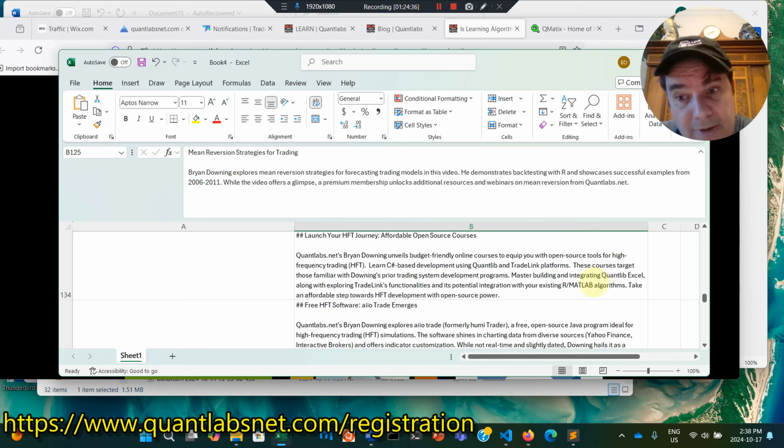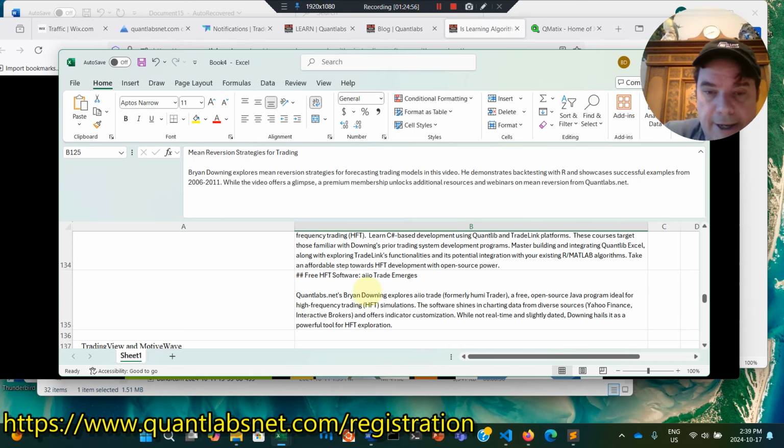It's going to be old. You may be able to find a way to get it running, but if you can, there are some tools out there. Also, do check out QuantLib Excel and the functions that come with TradeLink as well. The potential of integrating it with something like R and MATLAB is pretty good.